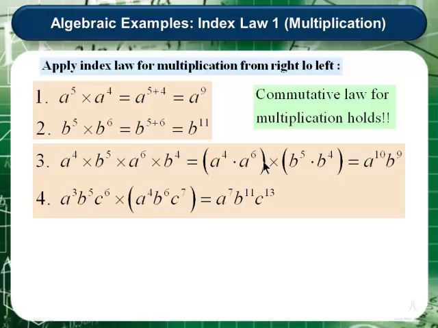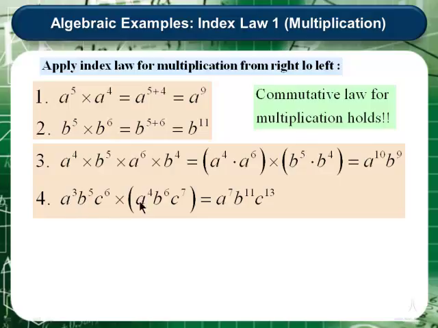It is also true that the associative property will be applicable for multiplication. So if I make this rearrangement and regrouping, then we get a to the power 10 multiplied by b to the power 9.